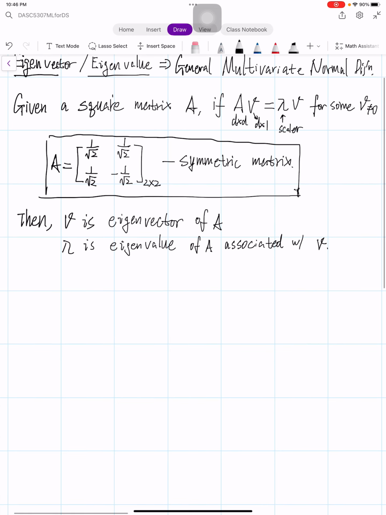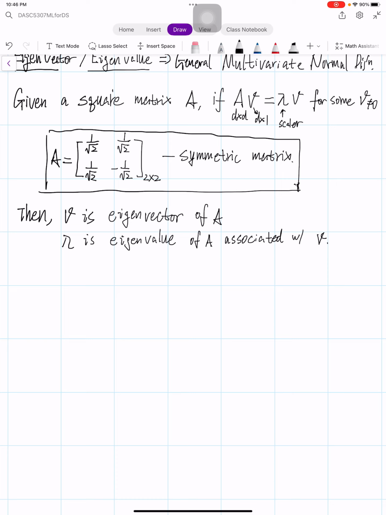Okay, so that's just the mathematical definition of the eigenvalue and eigenvectors.